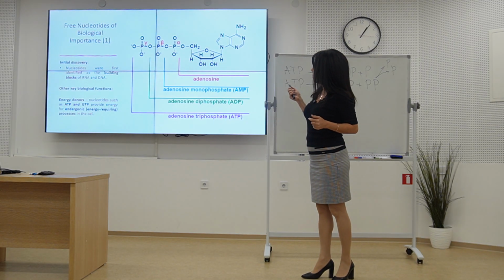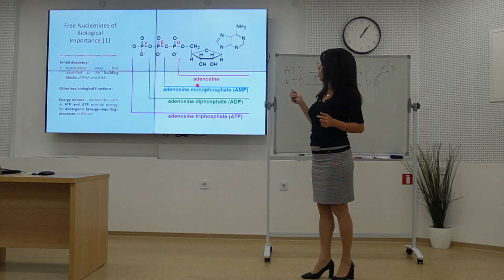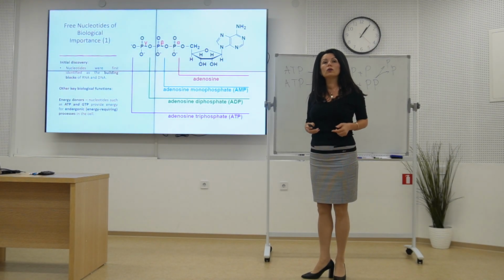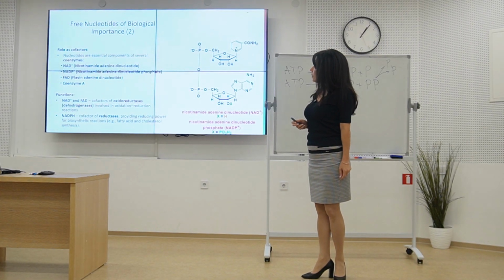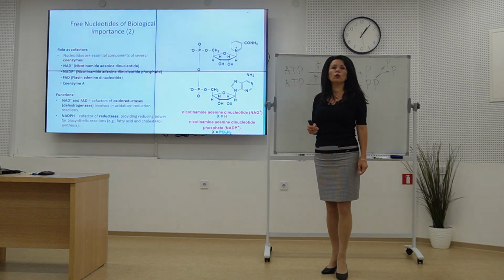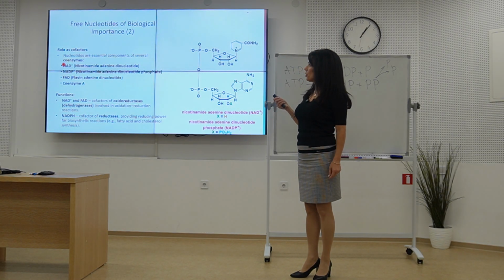If we're talking about only a base plus pentose, this compound will be only adenosine, which is a nucleoside. Another example of a free nucleotide is this combination between vitamins and nucleotides.